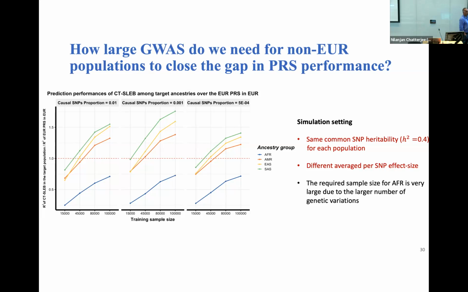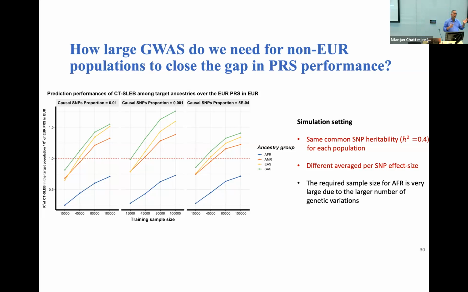But we did observe a consistent underperformance in the African population, and this is a unique setting, because when you do simulation, you have to make a lot of assumptions. One big thing about the African ancestry population is that it has many more genetic variants, almost double the other populations.